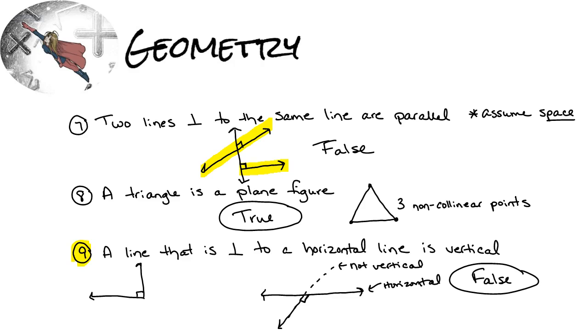If we take 2 pencils and we put one horizontal and then we put one perpendicular to that, and we try to keep it perpendicular but make it so that it's not vertical, you'll see that that's possible for it to not have to be vertical. So then that'll point you in the proper direction of saying false to that answer. So those are just some pieces of advice that you could use for these types of questions.